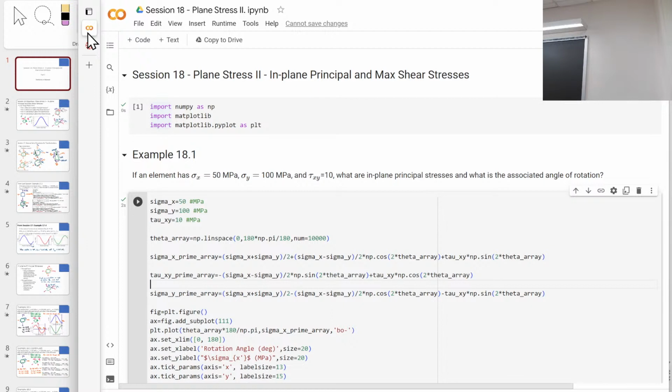Let me check it. It should be tau x prime z prime. Yes, it should be. I'm glad you asked.